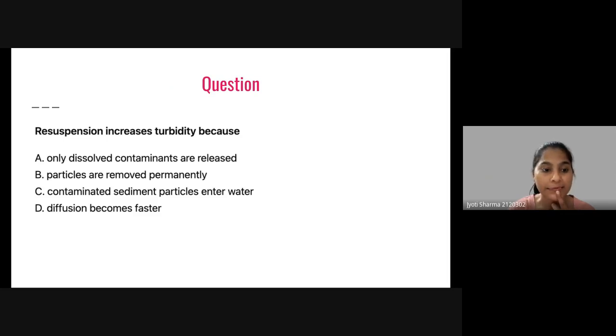Deepa gave me C as the answer, that is contaminated sediment particles enter water. Yeah, so this is the right one. So yeah, C is the right answer.